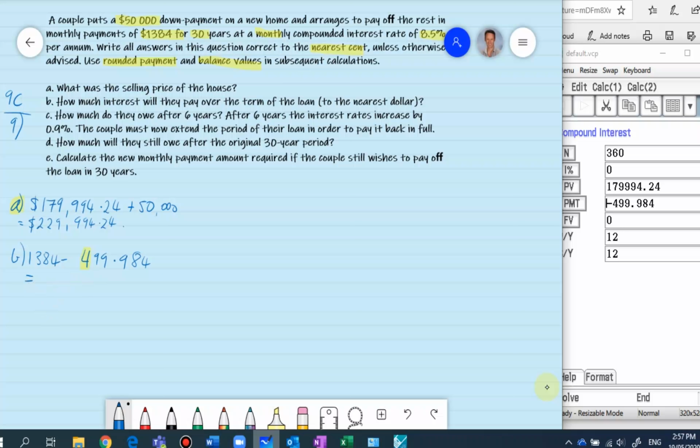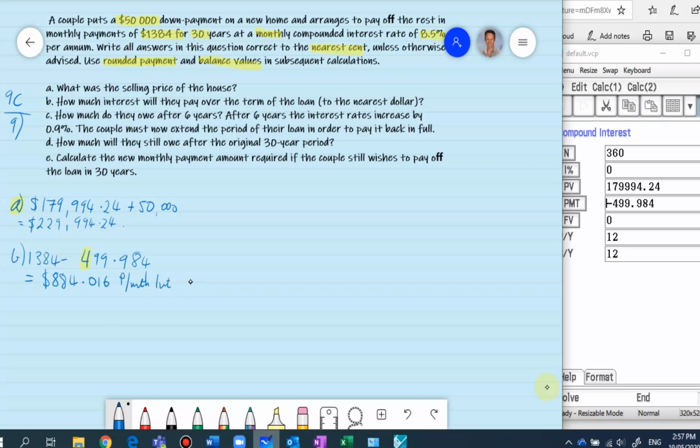So I'll just do that on my normal calculator. 1384 take 499.984. That gives me a value of $884.016 per month interest. Okay.